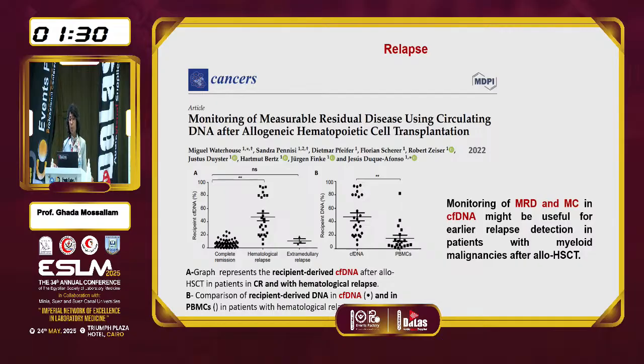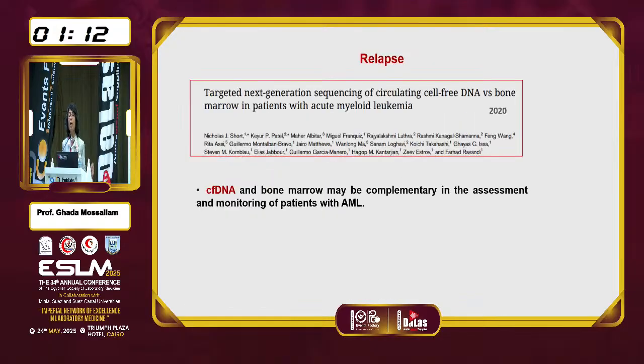And monitoring of minimal residual disease using mutation-specific markers and mixed chimerism using chimerism testing in the cell-free DNA might be useful for earlier relapse detection in patients with myeloid malignancies, and may be also complementary to bone marrow in the assessment of relapse post-transplantation.